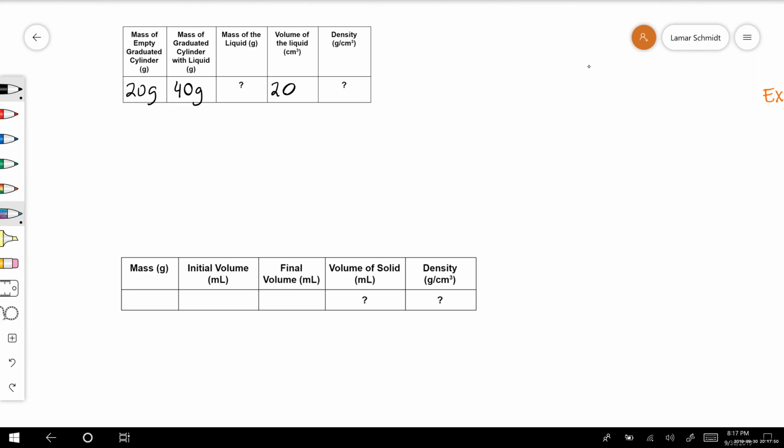Okay, so how do we get the mass of the liquid? The mass of the liquid is equal to the graduated cylinder with liquid minus the graduated cylinder without, or empty. So what is the mass of the graduated cylinder with liquid?